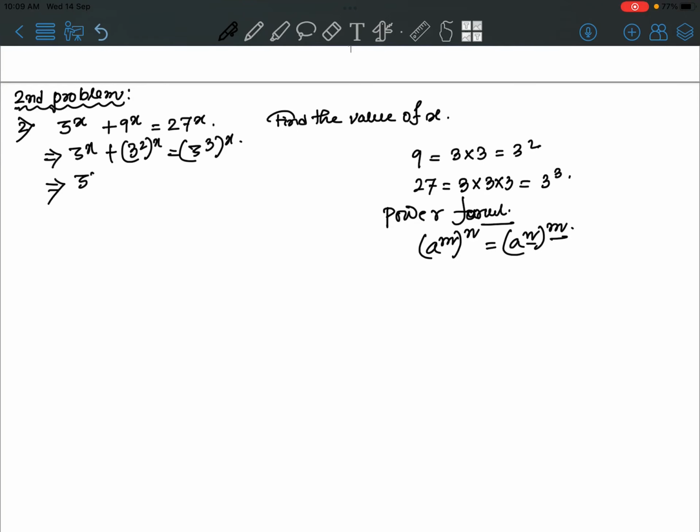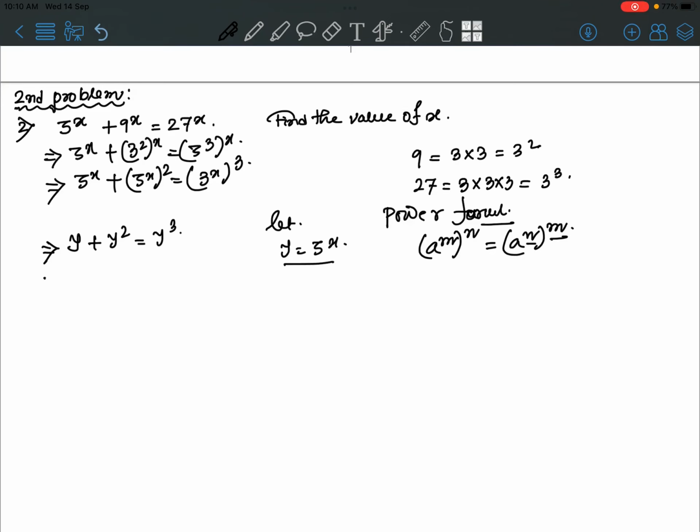So after swapping, (3 to the power x) whole square equals (3 to the power x) whole cube. Now let y equal 3 to the power x. Replacing 3 to the power x with y, we can write y plus y square equals y cube.